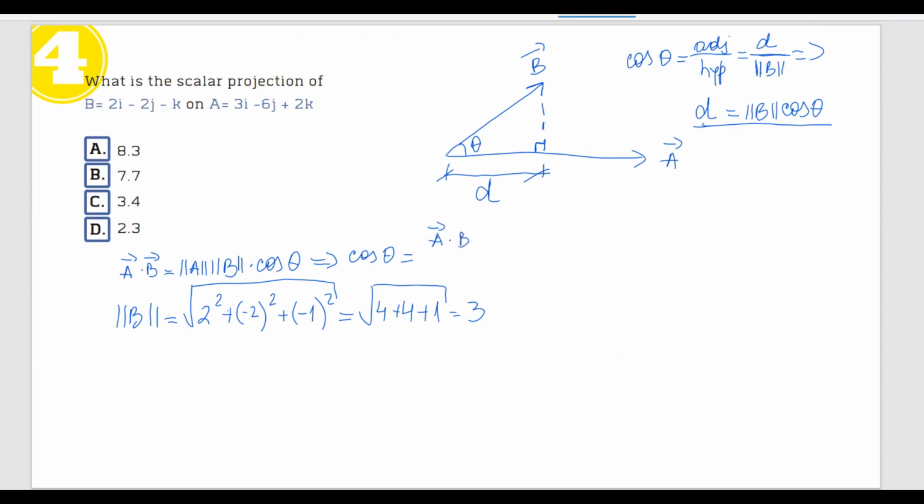It's going to be equal to the dot product over the product of the magnitudes.